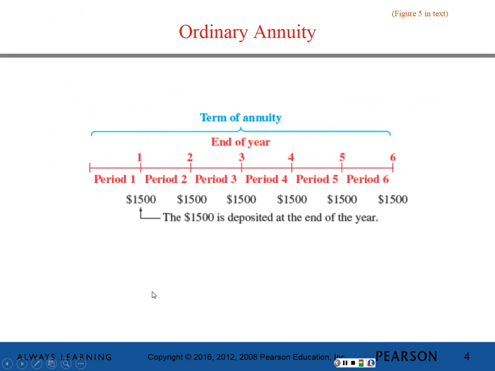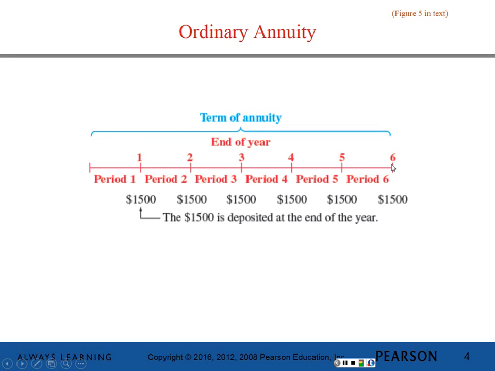Here's what's going to happen. At the end of the first period, I'm going to deposit $1,500 at the end of that first year. And then at the end of the second year, I'm going to deposit another $1,500. And at the end of the third year, $1,500. At the end of the fourth year, $1,500. At the end of the fifth, $1,500.